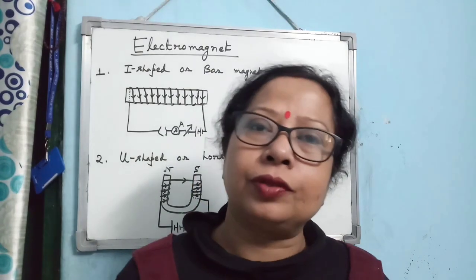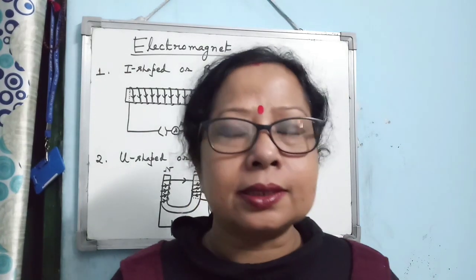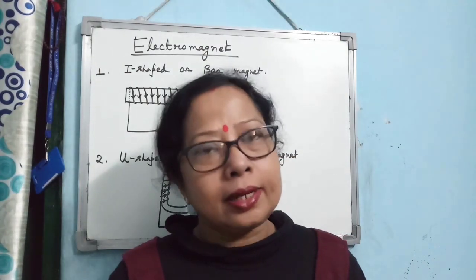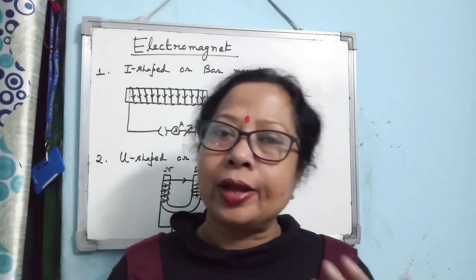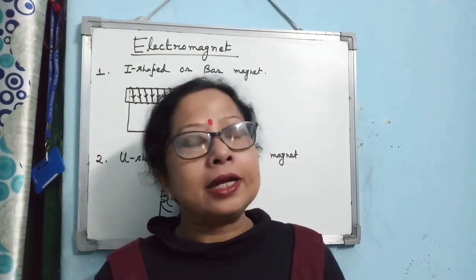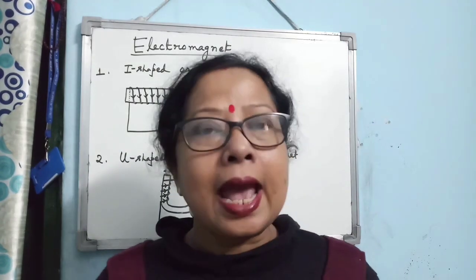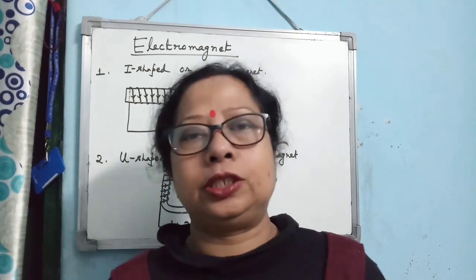So the two differences are that in a solenoid you can change both the strength of the magnetic field and the polarity, but in a bar magnet you cannot change either.